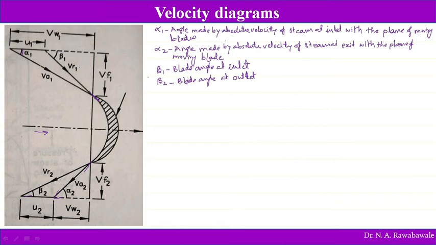And u is the circumferential or tangential velocity of the blade.